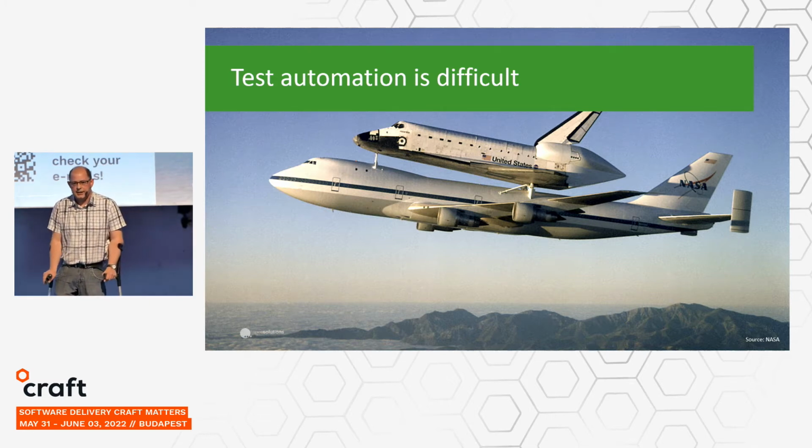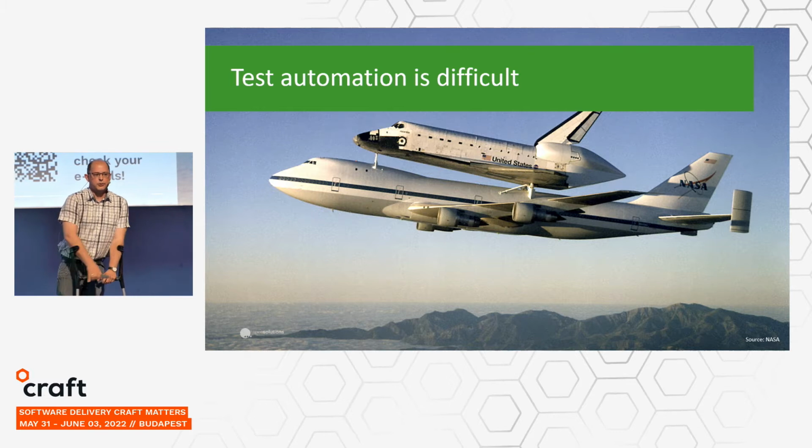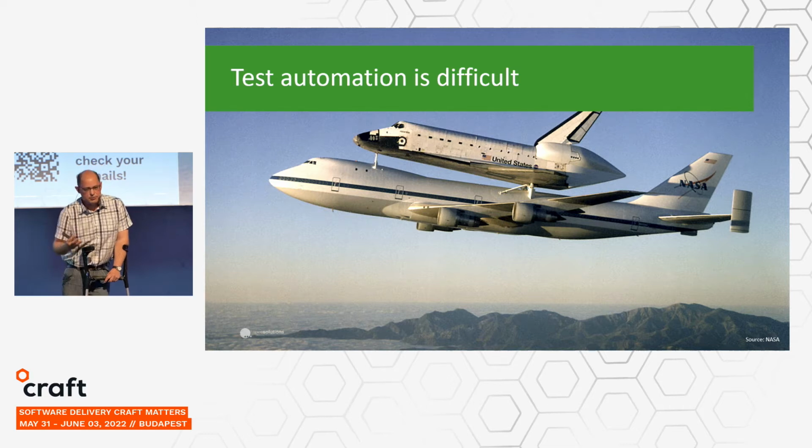So what you can see here is that to be able to test the Space Shuttle, they had to build, or at least modify, a Boeing 747 just to be able to test the landing and approach. Okay, so which means to me that this is not simple scripting. This is smartness. This is creativity. This is ingenuity or something like that.